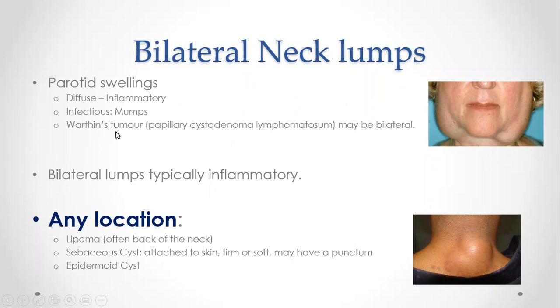This is a Warthin tumor, papillary cystadenoma lymphomatosum. It can present with bilateral enlarged parotid glands. It is purely benign. It is not necessary to remove. And this diagram shows a lipoma at the back of the neck. So lipoma, sebaceous cyst, and epidermoid cyst can happen at any place in the neck.